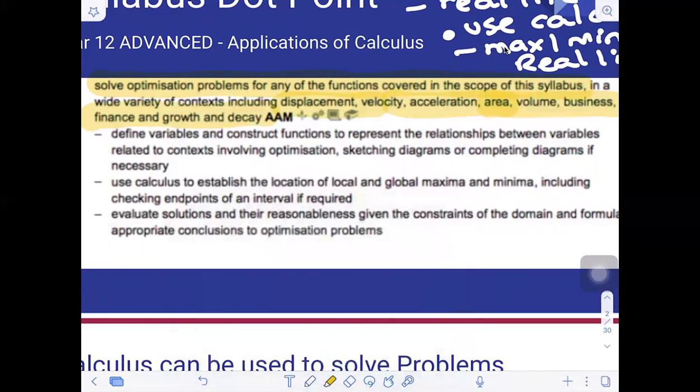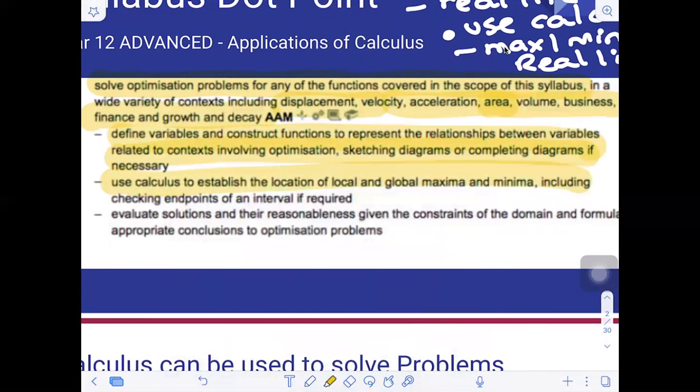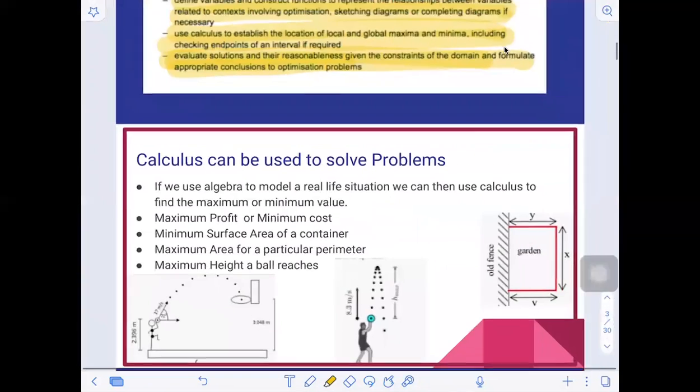So we look to find the variables, construct a function, get the relationship between the two variables, and then use calculus to locate the global maximum or minimum, and evaluate solutions and the reasonableness given the constraints. So make sure that, if it's length, then you get a positive value. And that's actually what we did today.